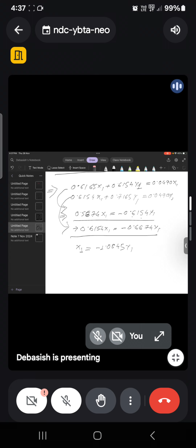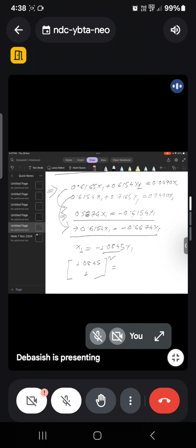How to do that? First, just consider x1 as 1.0845, this value, and for y1 we will first take 1. Then we will square this thing.